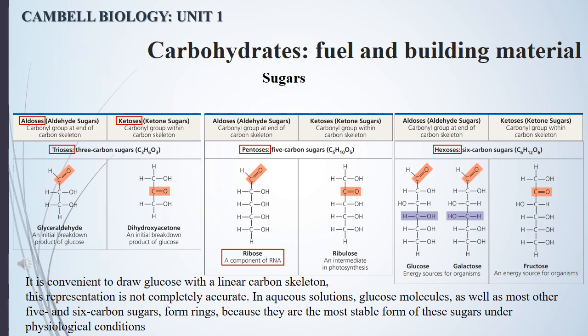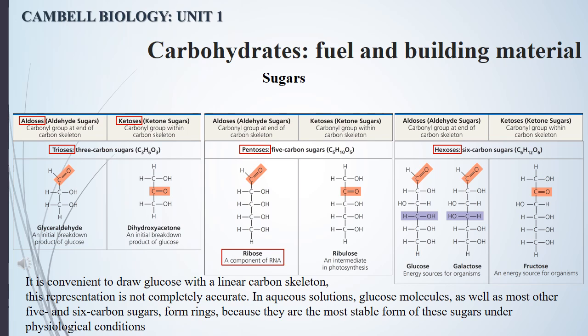Another interesting and important variable here is depicted in a purple box. The differences between glucose and galactose. Now, these two molecules are epimers, as highlighted with the purple box.